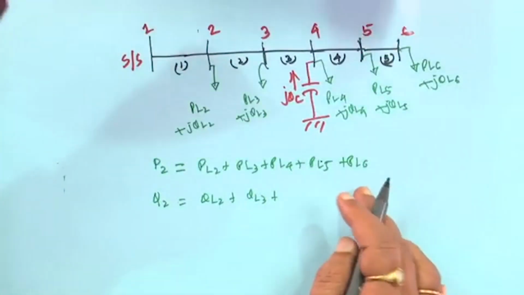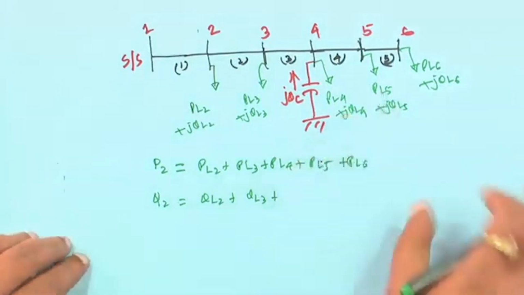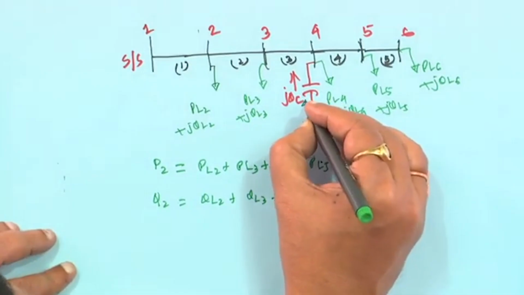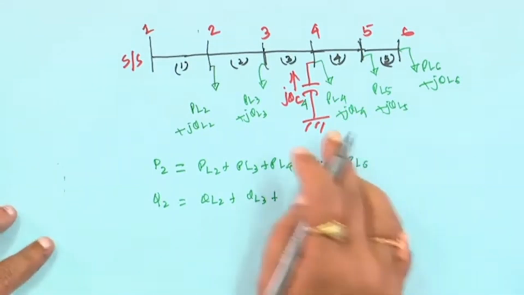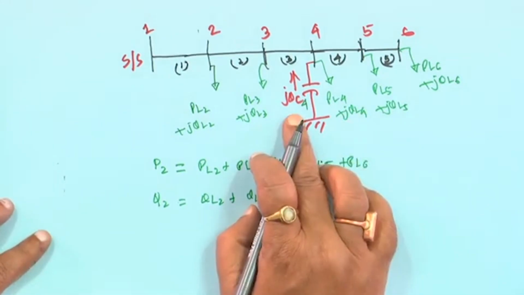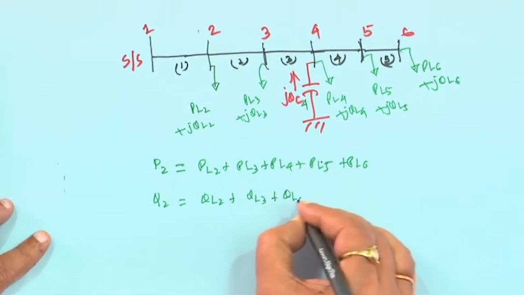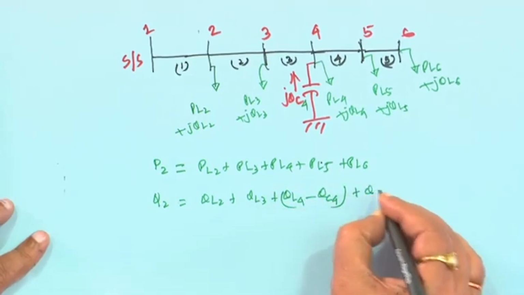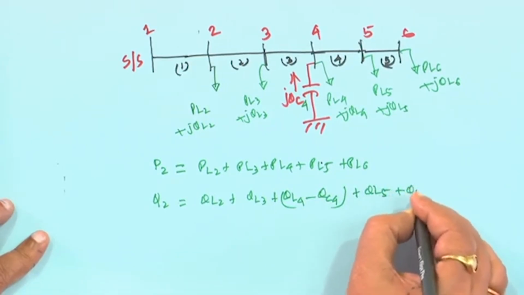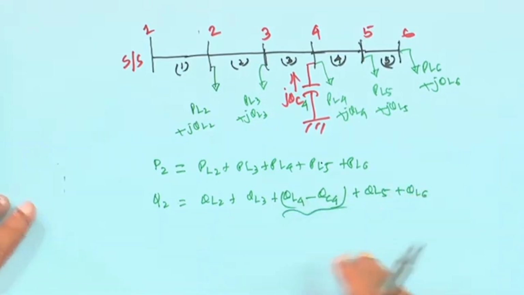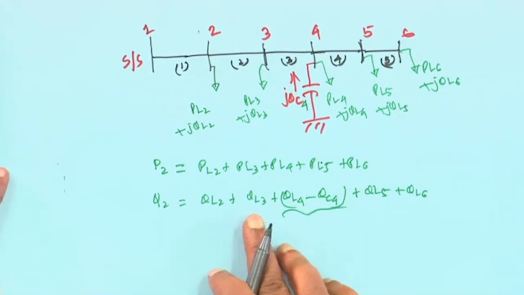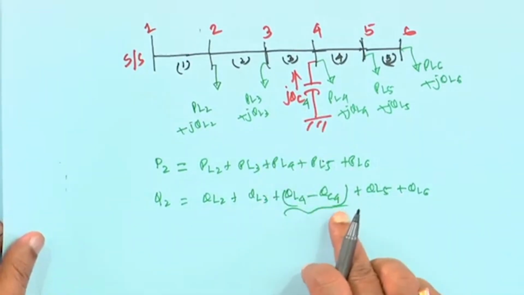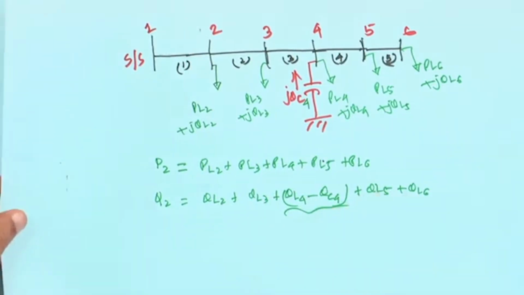So here, the resultant reactive load in the direction of the load, at node 4, will be QL4 minus QC4, plus QL5 plus QL6. All of QL2, QL3, QL4, QL5, QL6 are loads, but QC4 is being injected.